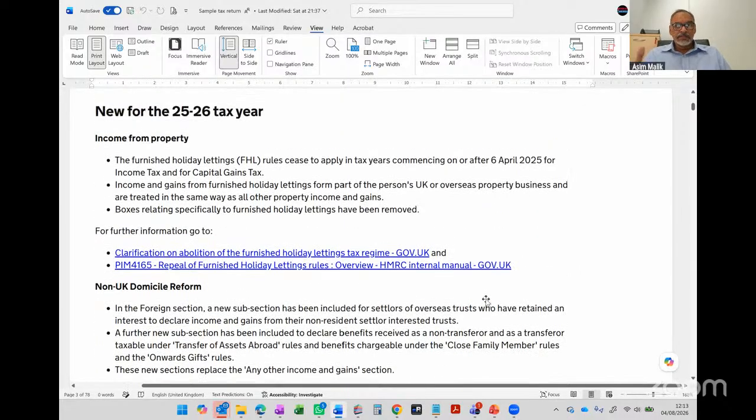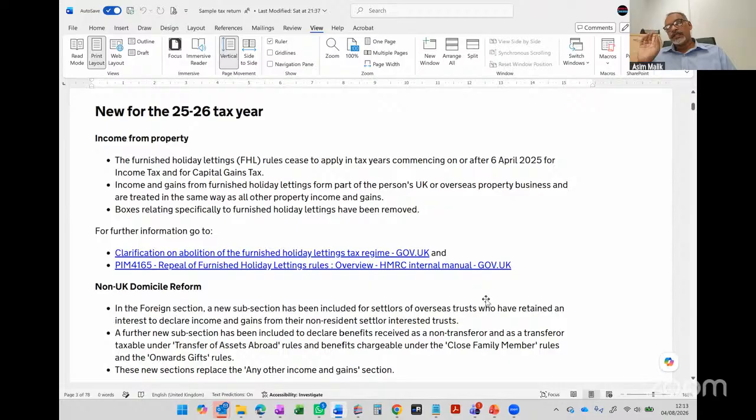Something happened in this tax year, which is that there were different rules. अगर आपके पास rental income है, there were different rules if that income is furnished holiday letting or just a simple letting of a dwelling.